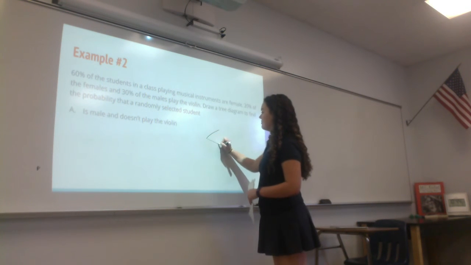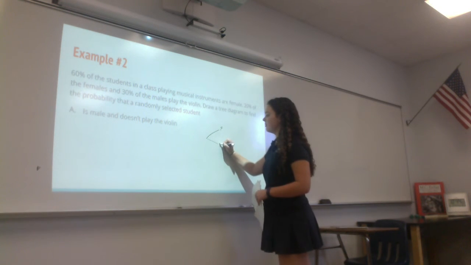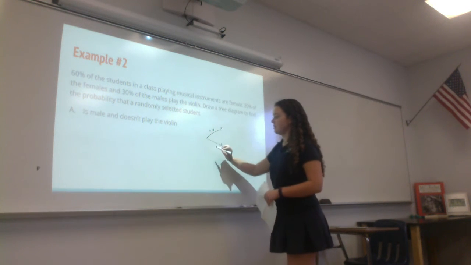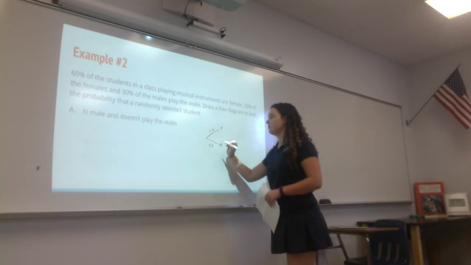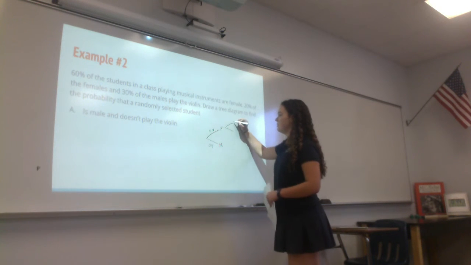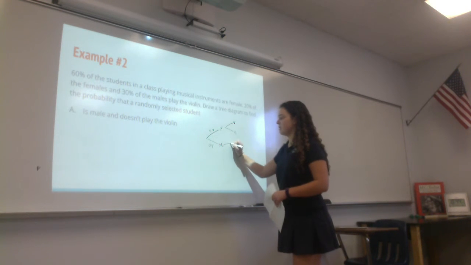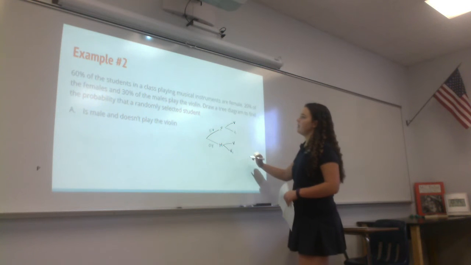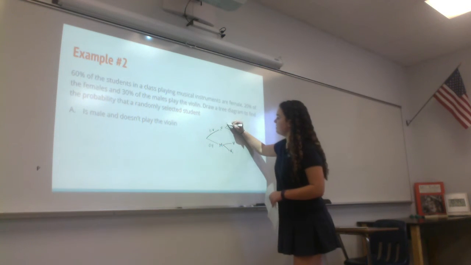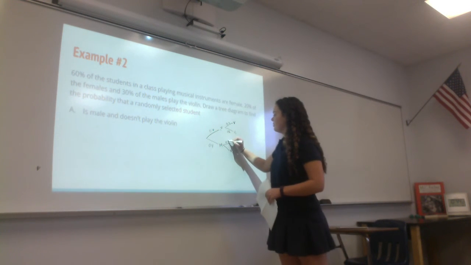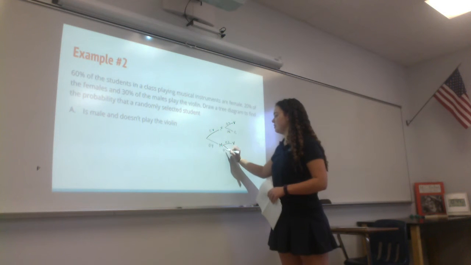So we have females here and males here, and 60% of the class is female. So 1 minus 0.6 is 0.4, and then V to represent playing violin and V prime to represent playing an instrument other than violin, and the same thing here. 20% of the females play the violin, and that would be 0.8 for not playing the violin, and 0.3. 1 minus 0.3 is 0.7.